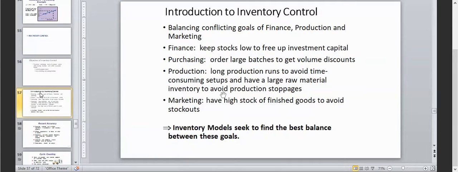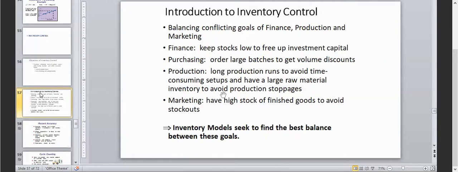So for marketing, they would also like to have a high level of finished goods stock to avoid stockouts and to quickly fulfill the customer order.